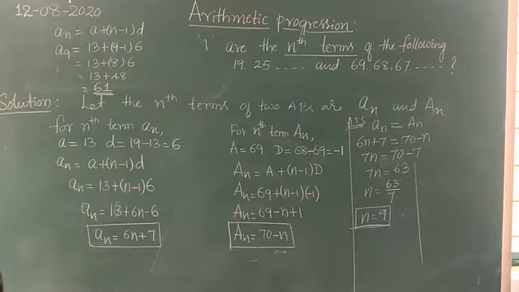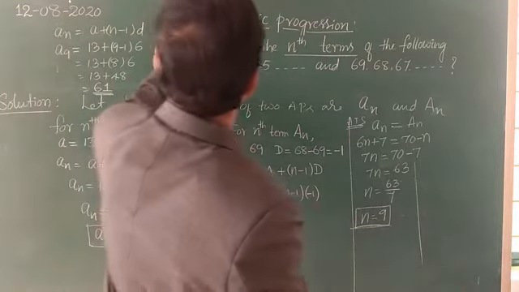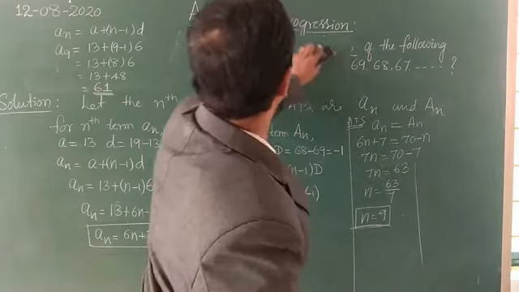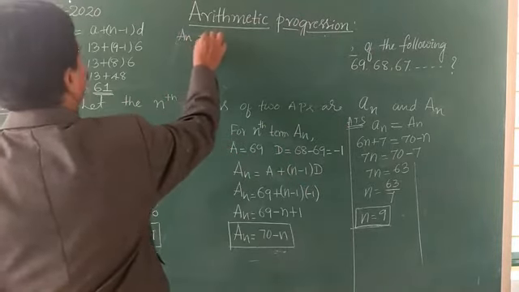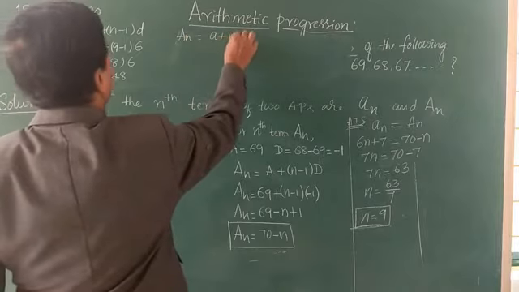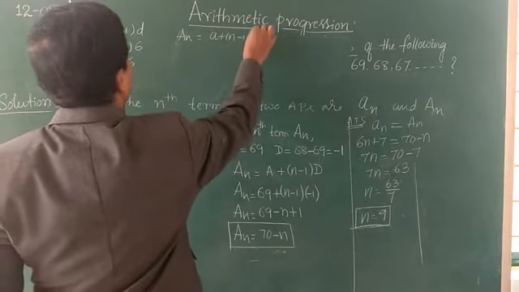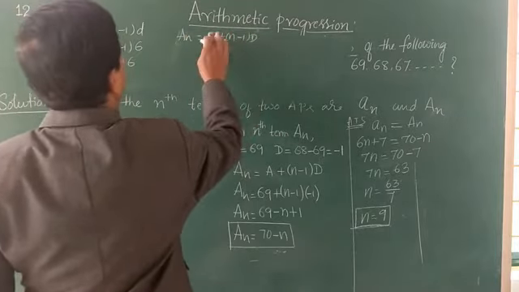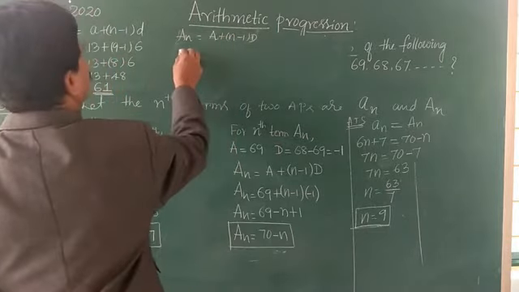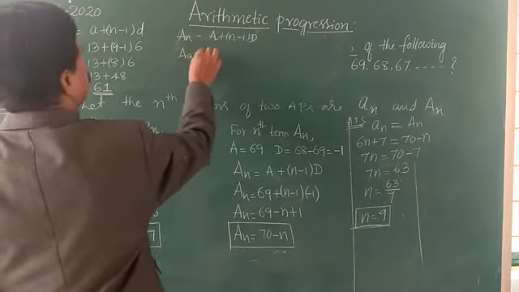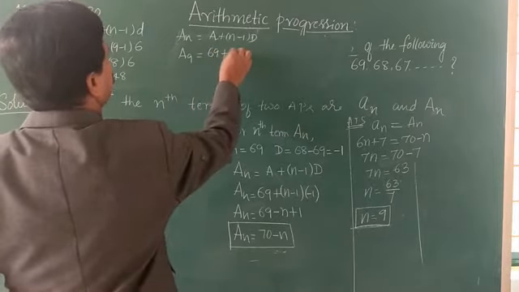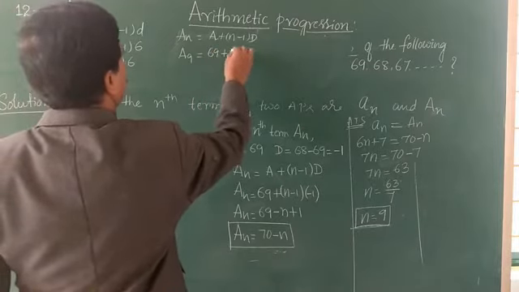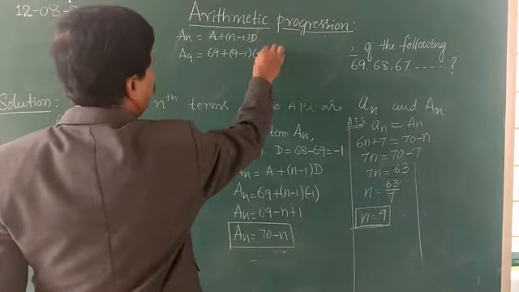Next, for the second one, an is equal to a plus n minus 1 into d. So a9 is equal to a, means 69, plus n, means 9 minus 1, into d, means minus 1.